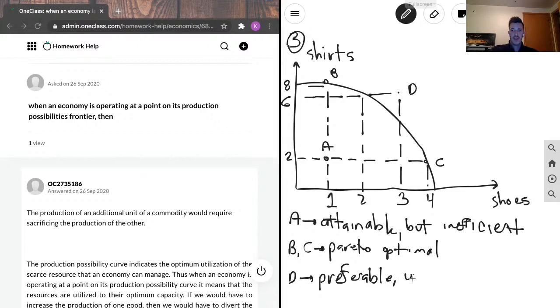We don't have the resources needed to make the combination that we see here at D. With the way the production possibilities frontier is set up, maybe I should say this market is set up. Here at D, that's a combination of 6 shirts and 3 pairs of shoes. And you can get those 3 pairs of shoes. But to do that, you'd have to have only 4 shirts.